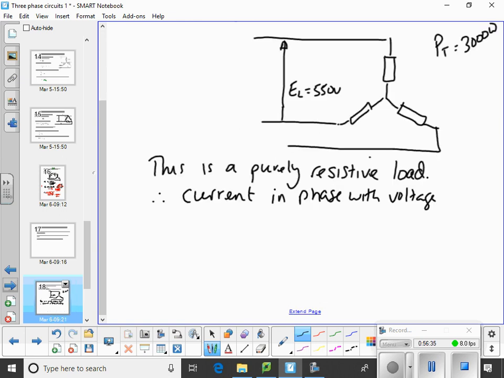One other important thing. ST is equal to PT. We've got no power factor there.